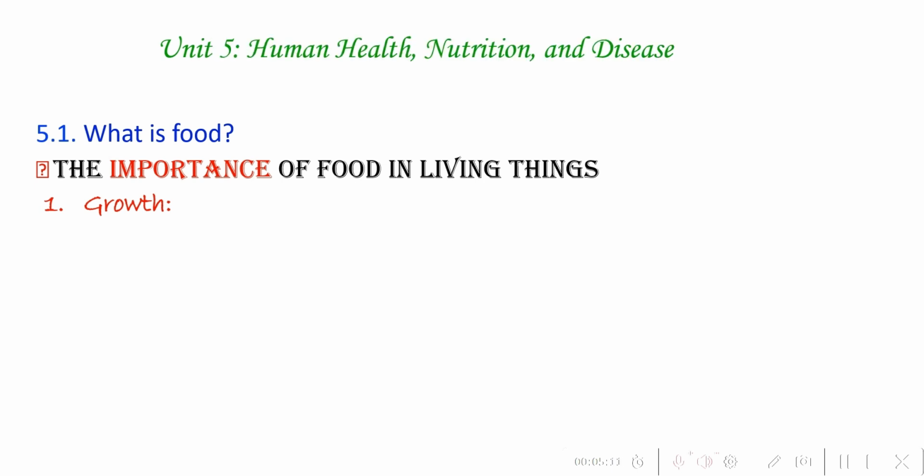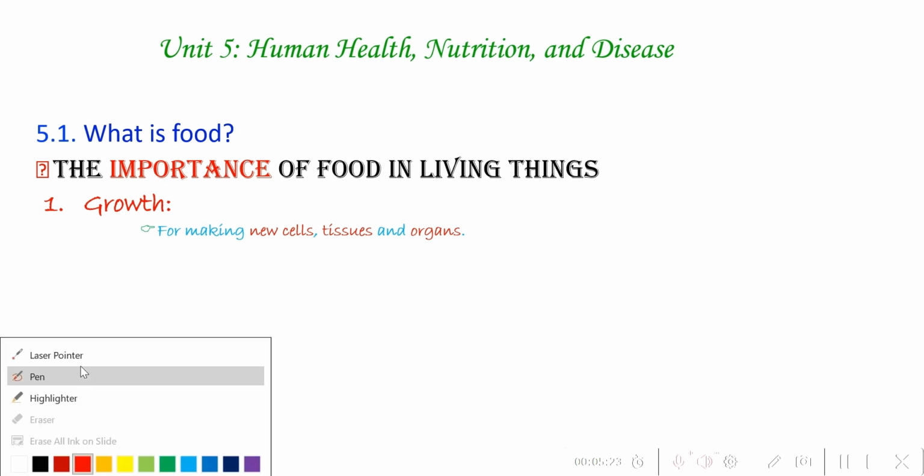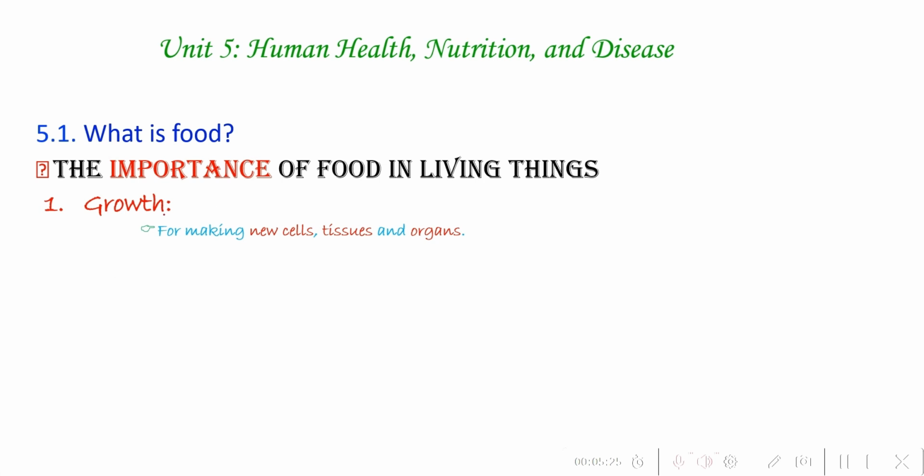As you can see from the diagram on the screen, when you talk about growth, it is for making new cells or tissues. It is essential to have new cells, new tissues, and to develop new organs.